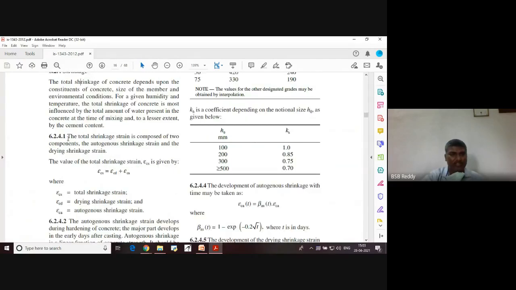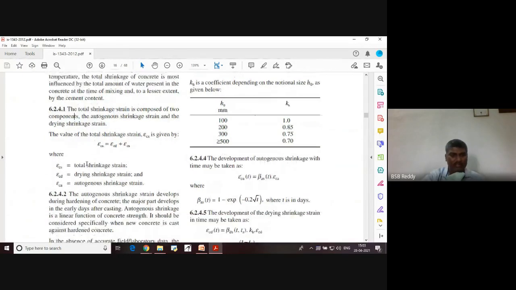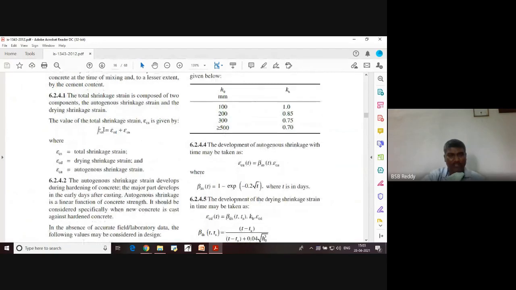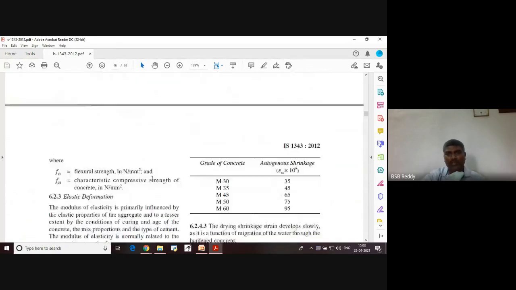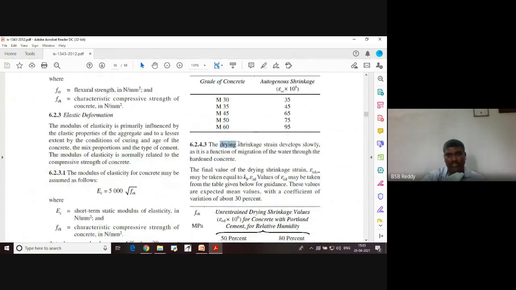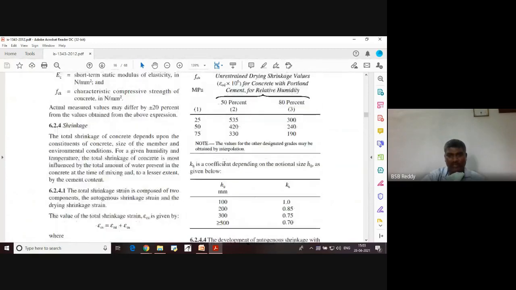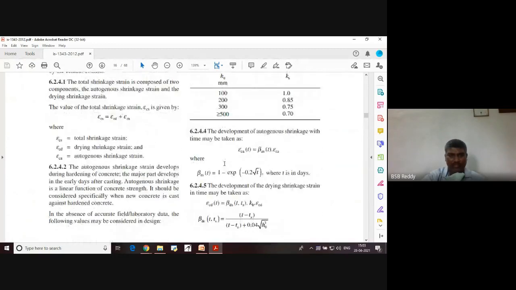So 6.2.4 talks about shrinkage. 6.2.4.1 gives you the definition and how to estimate total shrinkage. 6.2.4.2 autogenous shrinkage. Then 6.2.4.3 drying shrinkage. All these are given. Even 6.2.4.4 how to calculate shrinkage at a particular time, maybe after 1 year or after 2 years.